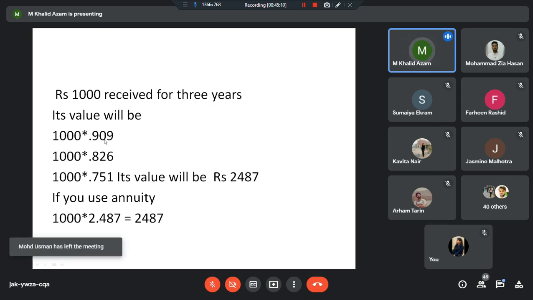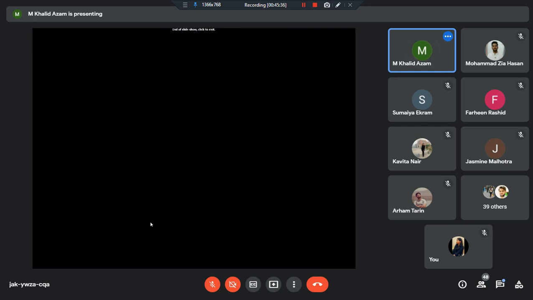Here you will have to go for 3 calculations. If you are having the table, you can go for only one calculation, which will help you save time. So it is 2,487. 1,000 you are receiving for 3 years, so 3,000 you have received, but its value is only 2,487. So this is the part of our annuity which we have to understand now.